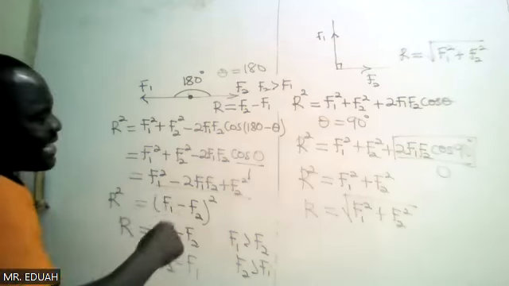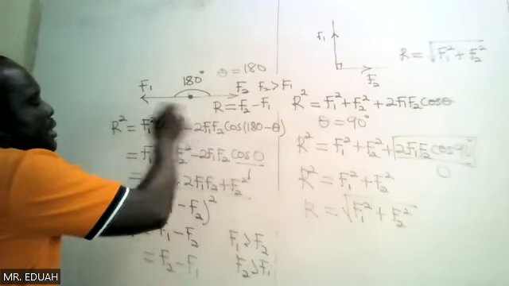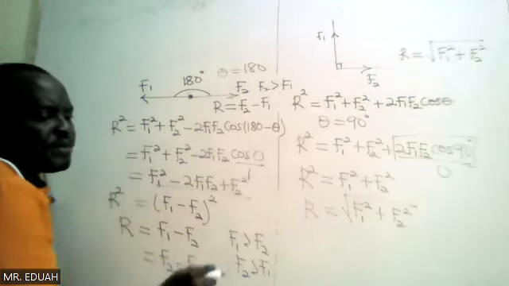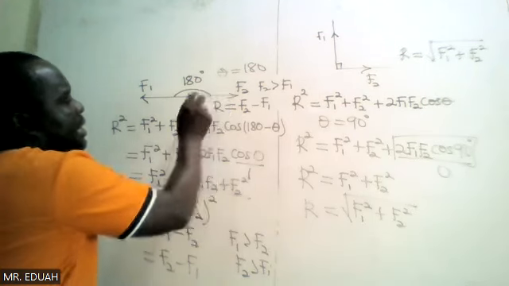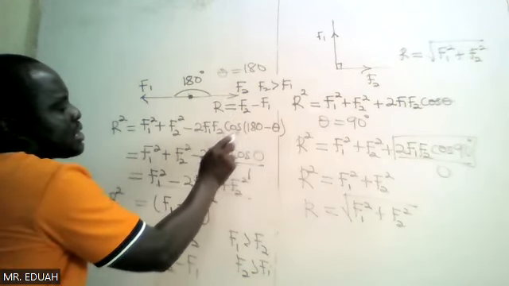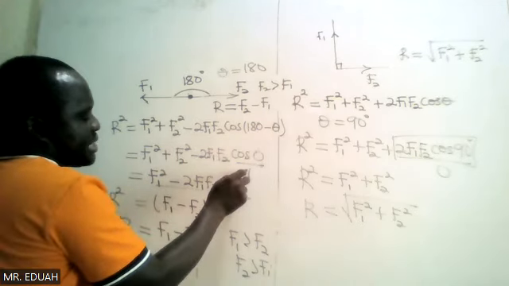But we could also see that this can be substituted into the cosine rule. All that you have to do is substitute theta, the angle between them, with 180. And when you do that, you have cos of 180 minus 180, which is cos 0, and that is equal to 1.